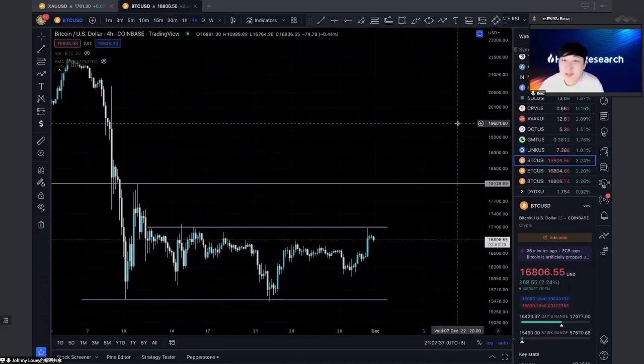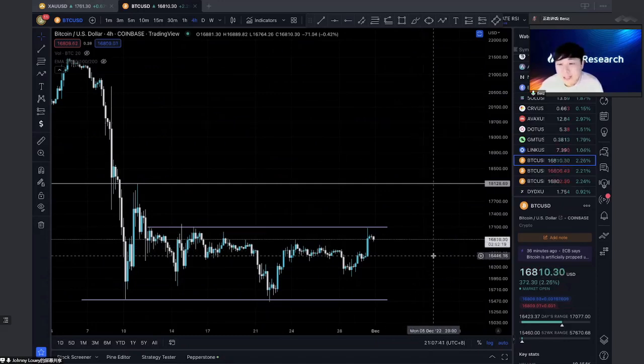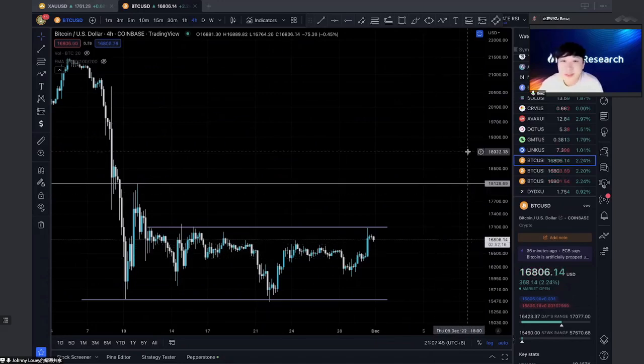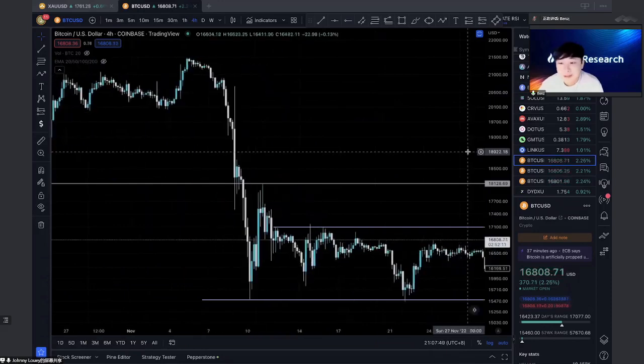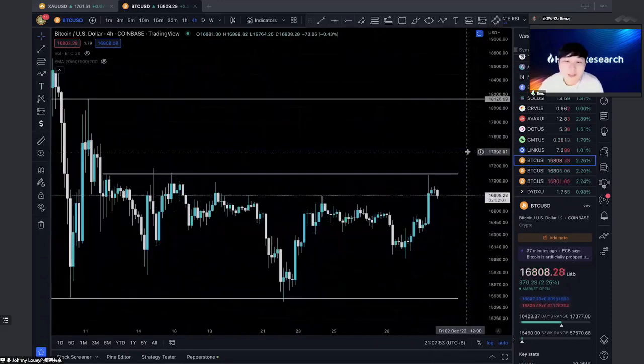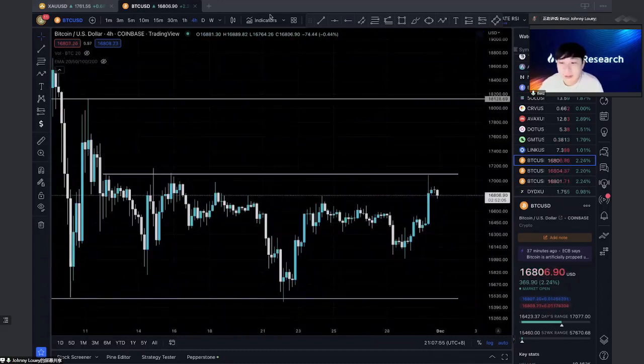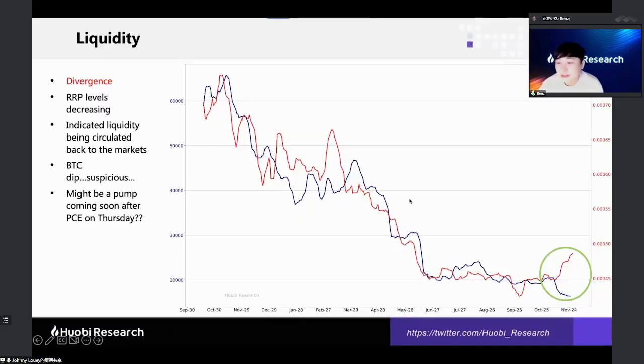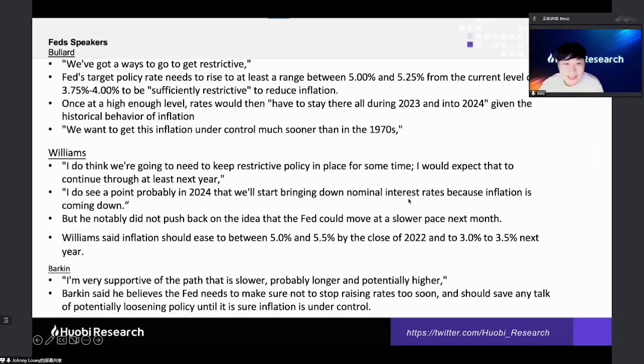People already know interest rates are going to be high because inflation is high, and the Fed is going to be holding high interest rates for a long period of time. The market is very cautious at this point. Other than that, the on-chain metrics are healthy, they're fine, not as bad as we think.